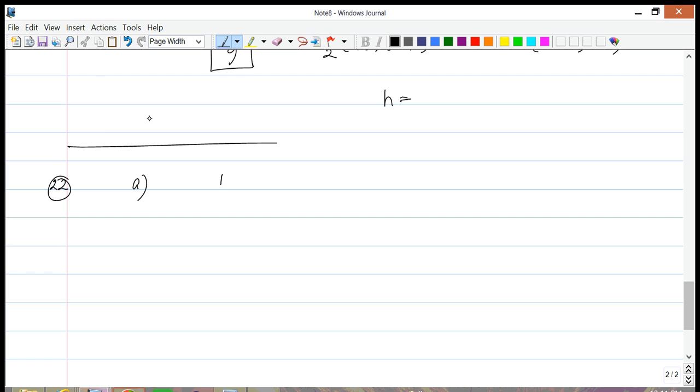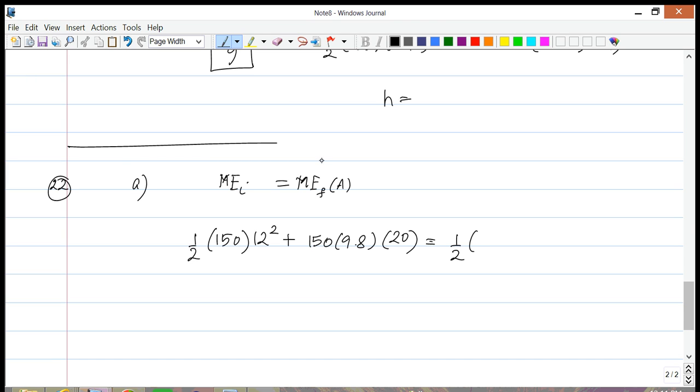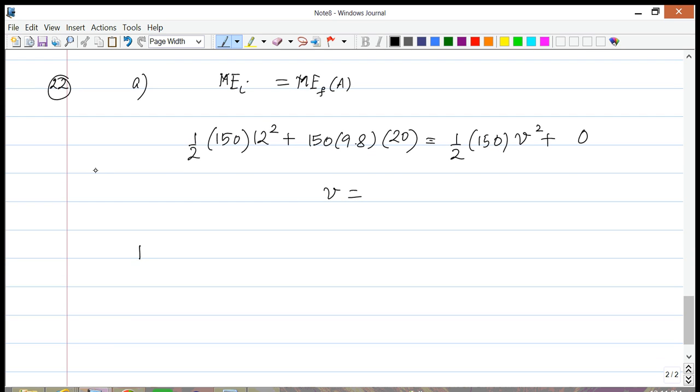So to find the speed at A, we're going to use MEI equals MEF at location A. Now MEI is equal to 1/2 times 150 times 12 squared plus 150 times 9.8 times 20, and this is equal to, at the bottom of the hill it has no height, so all it has is the kinetic energy, plus 0 for the potential. You can solve this expression for v and obtain the value.